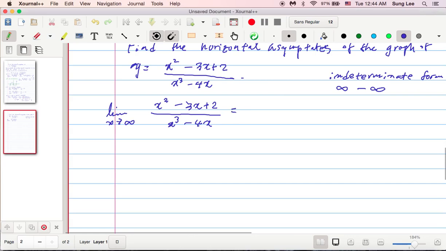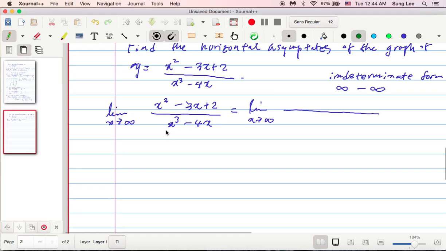there's actually an easy way to deal with this. All you have to do is divide top and bottom, the numerator and the denominator, by x to the highest power.